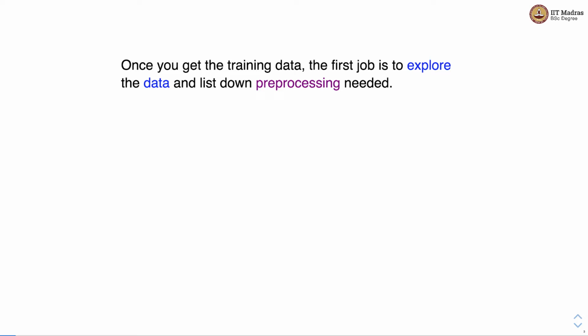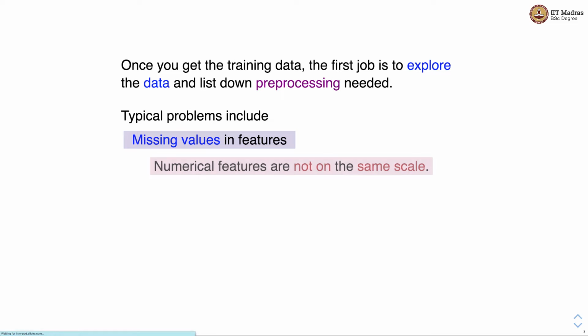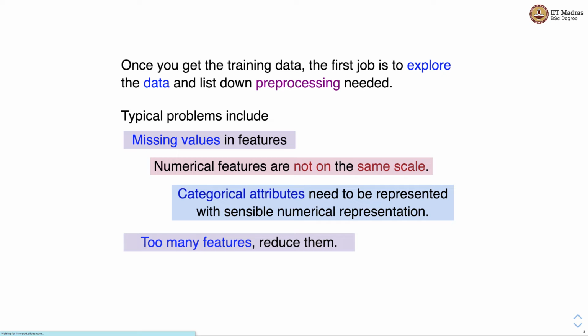Usually once you get the training data, the first job is to explore the data and list down the preprocessing steps that are needed. Typical problems with training data include missing values in the features, numerical features often not on the same scale, and categorical attributes that need a sensible numerical representation.